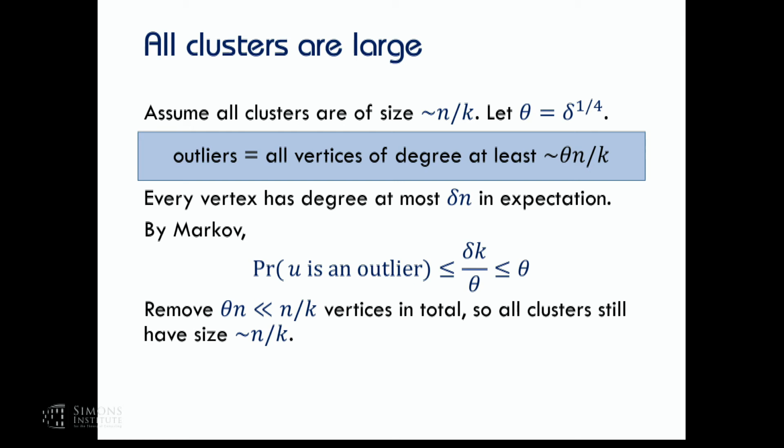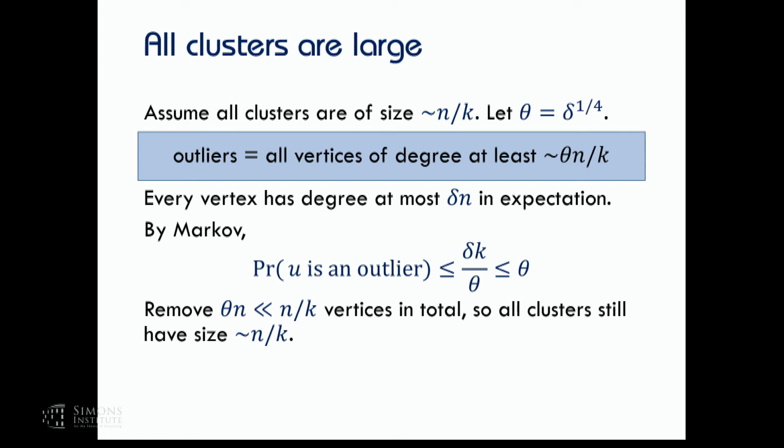And because of that, not only is the degree of every vertex at most theta times the original size of the cluster, it's also at most theta, or maybe 2 theta times the size of the new cluster after we remove the outliers. So if all the clusters are large, the analysis is simple.